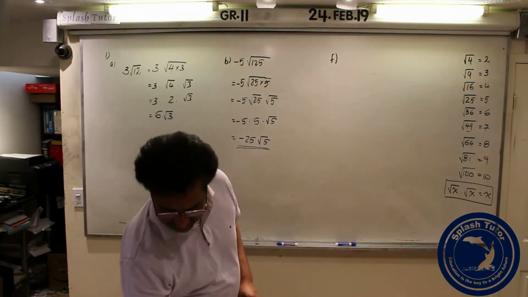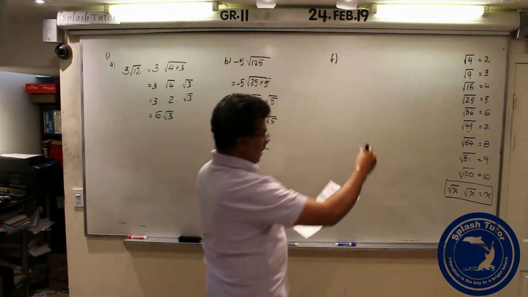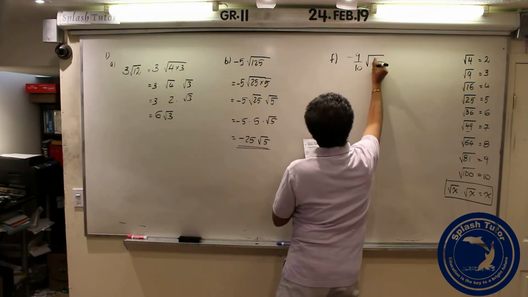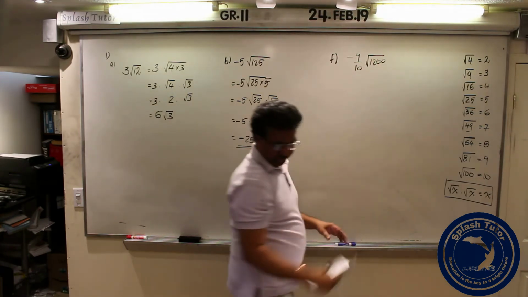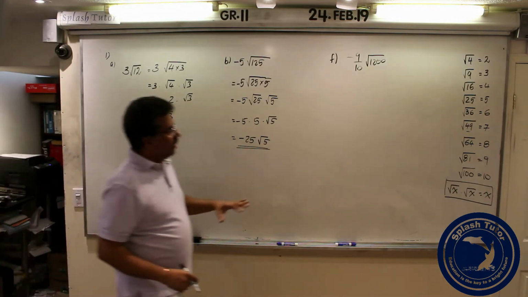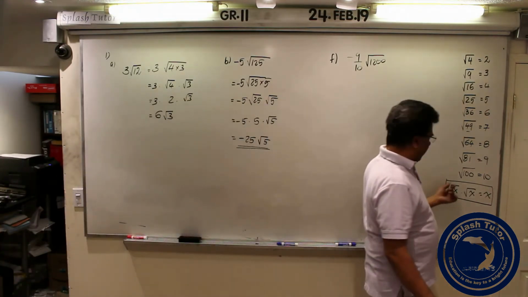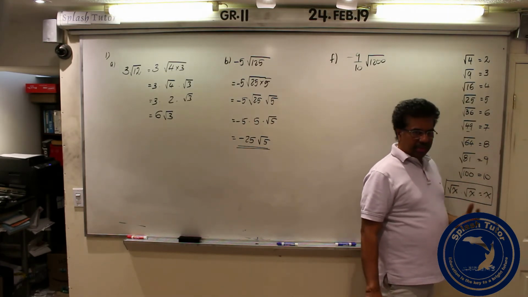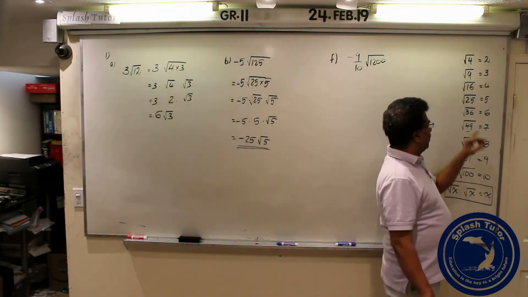What's the F? The F is minus 9 over 10 root 1200. Okay, now here's the problem. We don't have a perfect square 1200 here, but we know this is a multiple, right? But is it that multiple? There's another multiple also, the number 4.